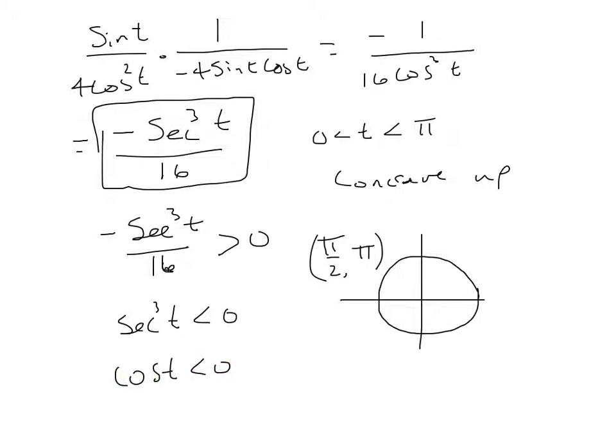Now, we're only on this interval from 0 to pi here, and the cosine is only negative through that range between pi over 2 and pi. So we are concave up on this interval pi over 2 to pi.